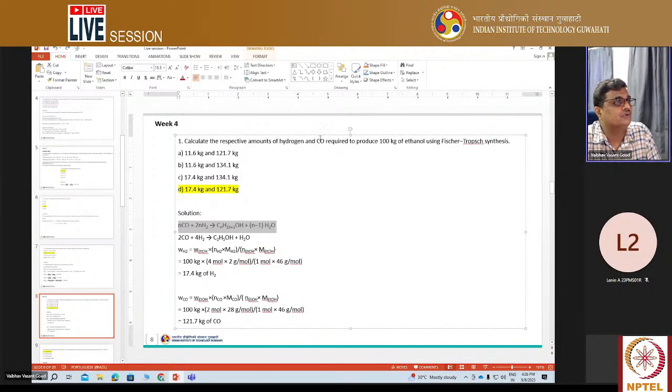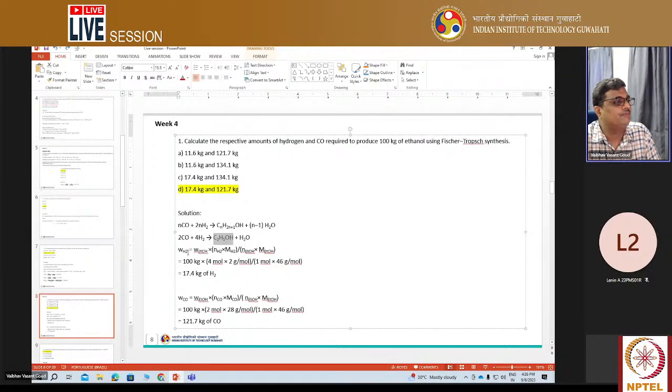Now once you try to balance this reaction, it requires 2 moles of CO2 and 4 moles of hydrogen to produce C2H5OH and H2O, that is ethanol.